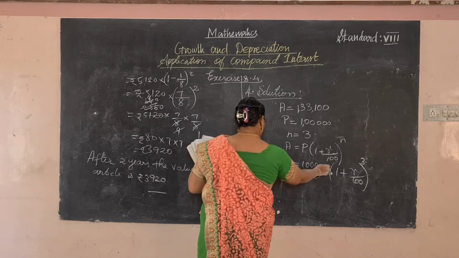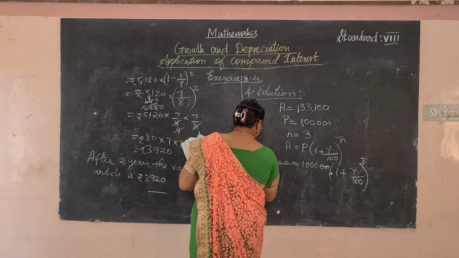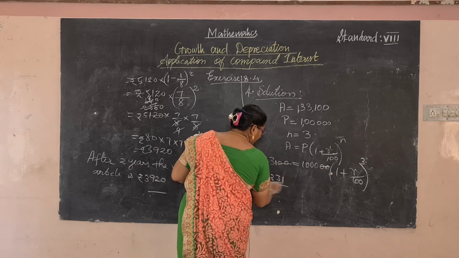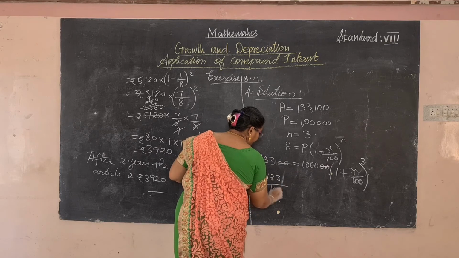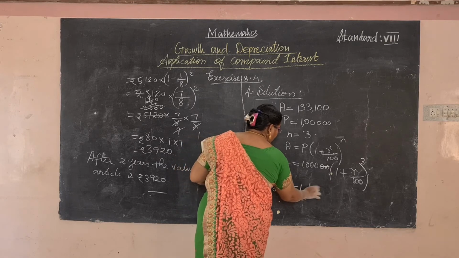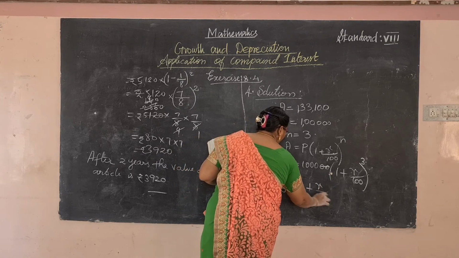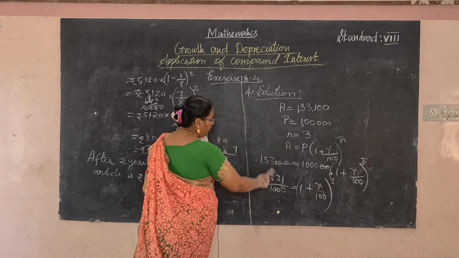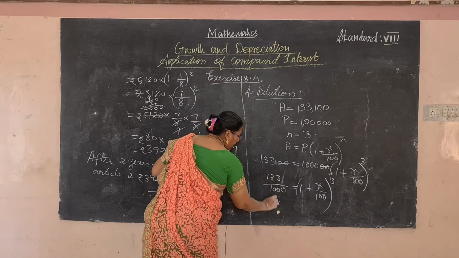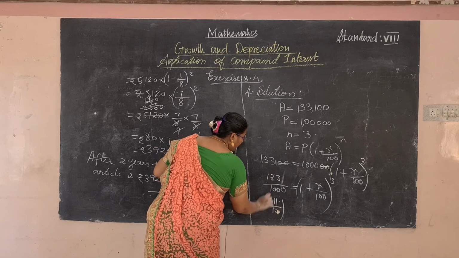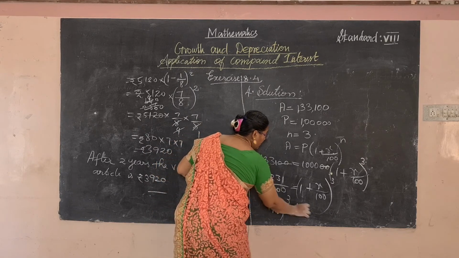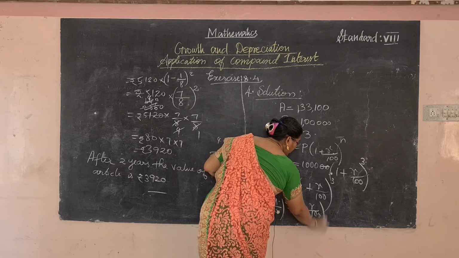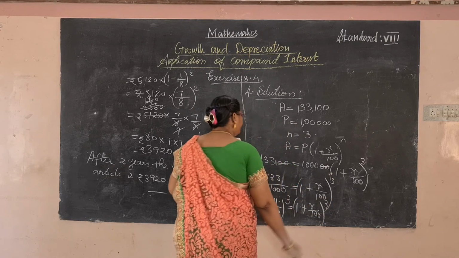Okay, 2 zeros will be cancelled. So 1,331 by 1000 is equal to (1 plus R by 100) the whole power 3. Here power 3 is there, so we write it in the power of 3. So 11 by 10 the whole power 3 is equal to 1 plus R by 100 the whole power 3.